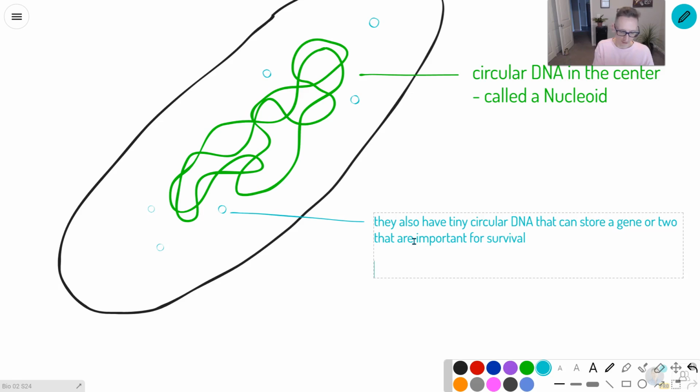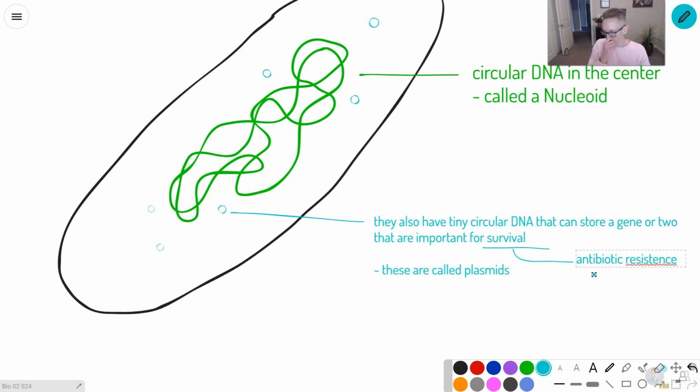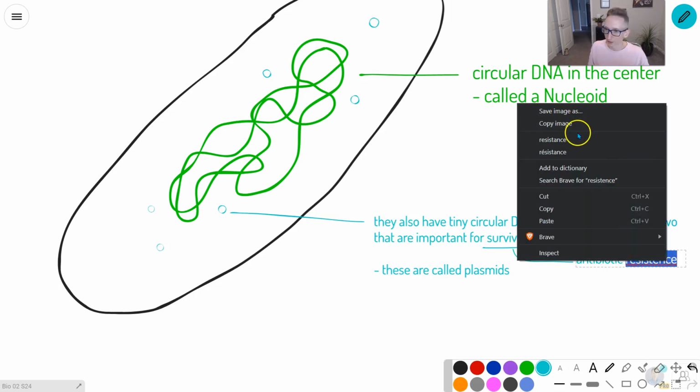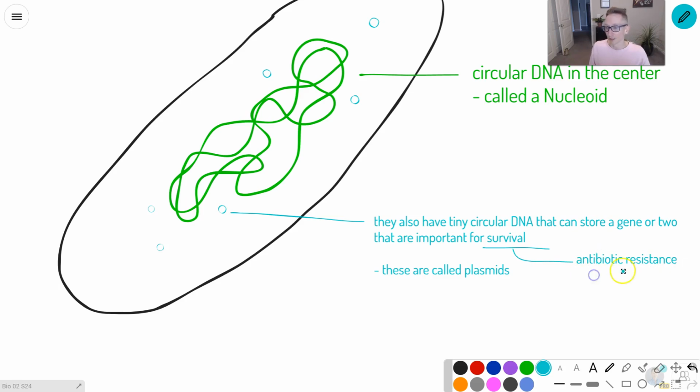These are called plasmids. All right, we'll come back to these. So they have these tiny little genes. So for example, something that they might store, it's important for survival. Something like antibiotic resistance.